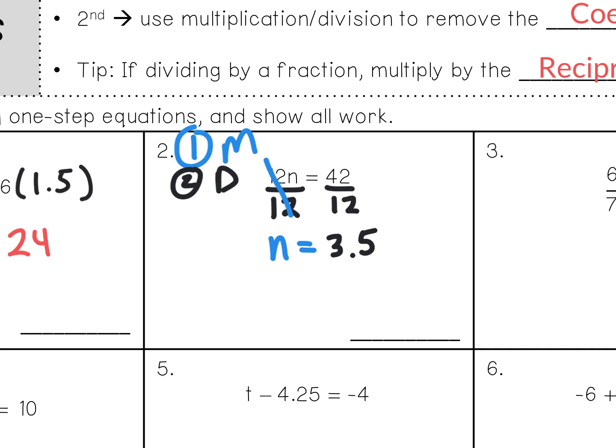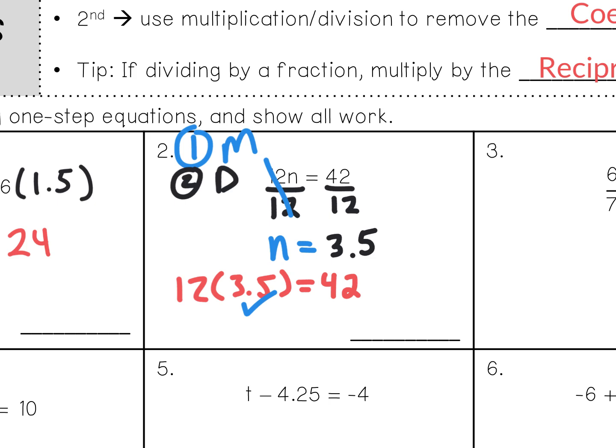So write this down: 12 times 3.5 equals 42. We want to verify that that's true. So type that in the calculator to see if it gives you back 42. 42. So we know our answer is correct.